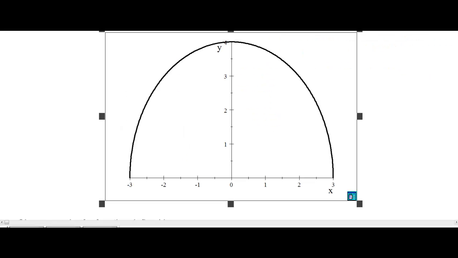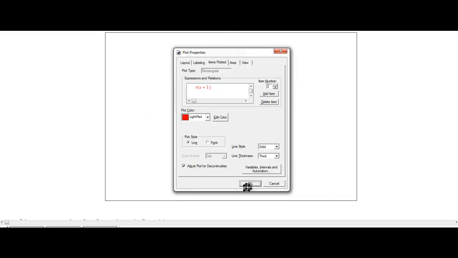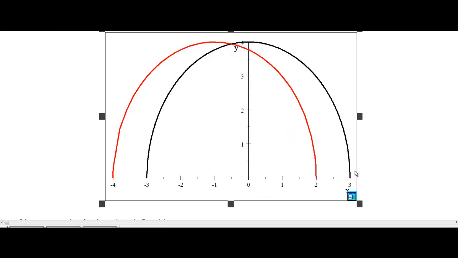So here we go again. I am asking this package to graph the function given by y equals r of x plus 1, and let's choose a different color here. If you look at that, the black graph did shift to the left by how many units? 1 unit.